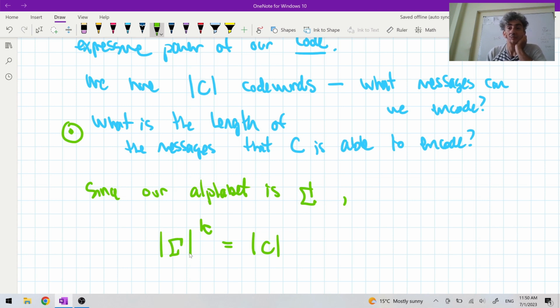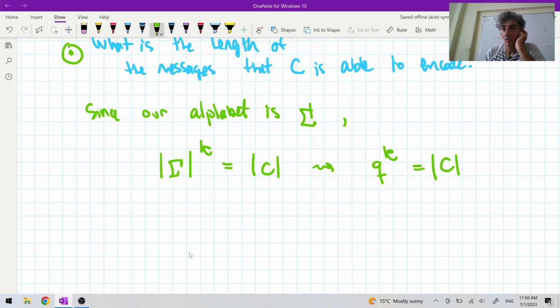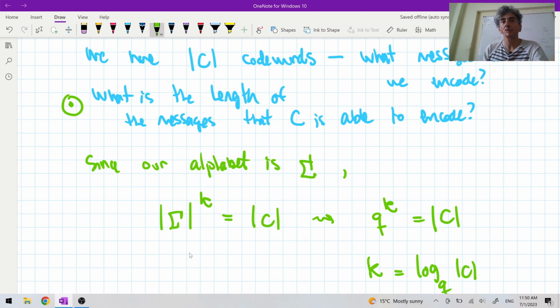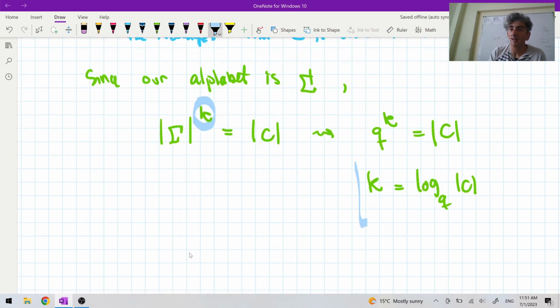Remember that Q is the number of elements in sigma. So taking Q-base logarithms, you have that K is the log base Q of the size of C. So when we ask what is the length of the messages that C is able to encode, we're asking which K we have. K is what we call the message length.